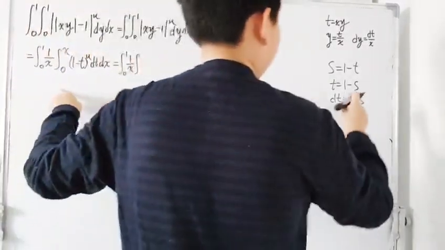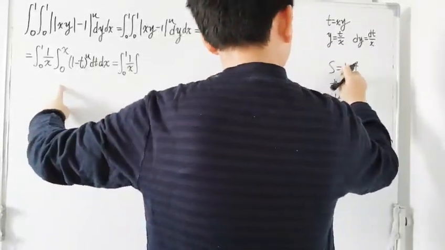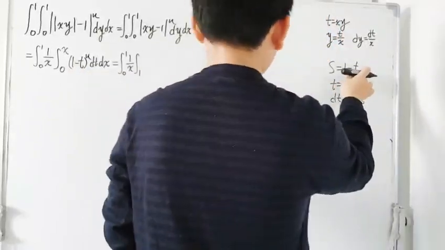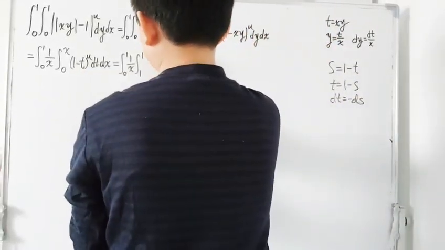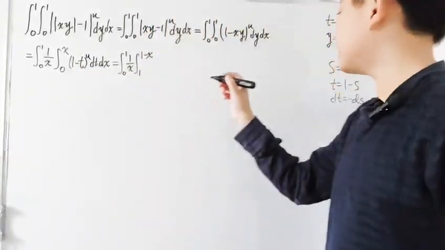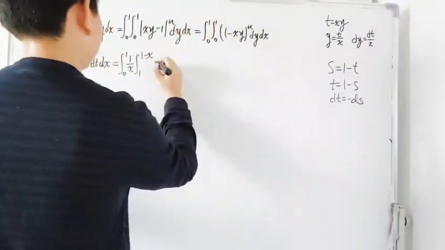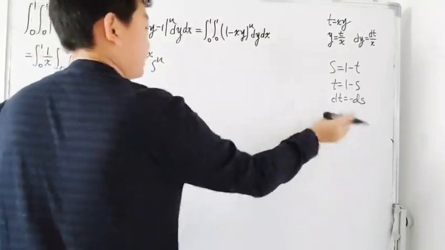First of all, if t is equal to 0, s is going to be 1 minus 0, which is going to be 1. If t equals x, you plug in x for this, so we have 1 minus x. So there's a bound, and then we have just s here to the nth power, and then negative ds.